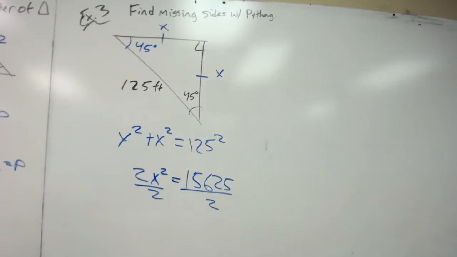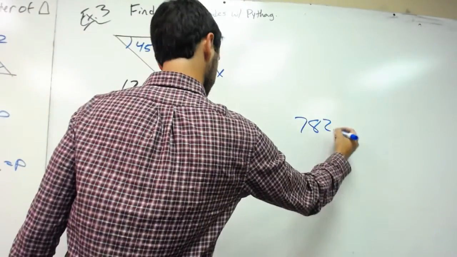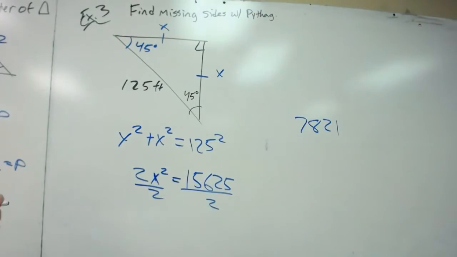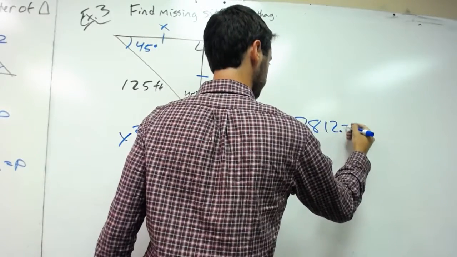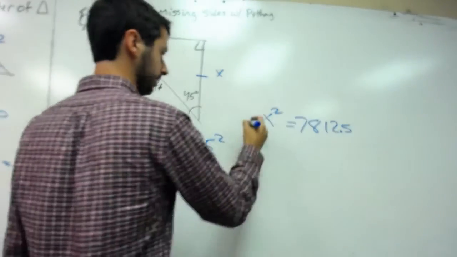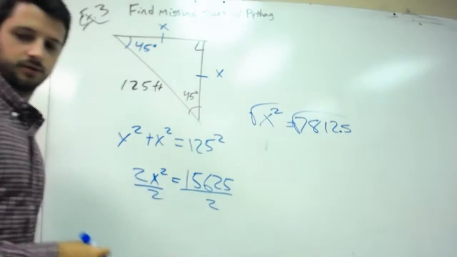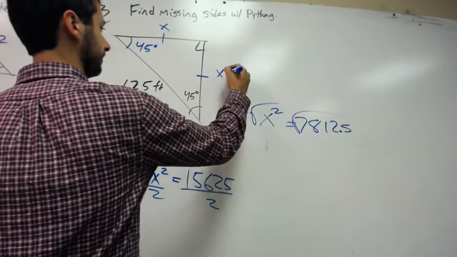So divide 15,625 by 2, and I get 7,812.5 equals x squared, and you should know what to do from here. Square root it. Square root of 7812.5. You get 88.4 roughly.